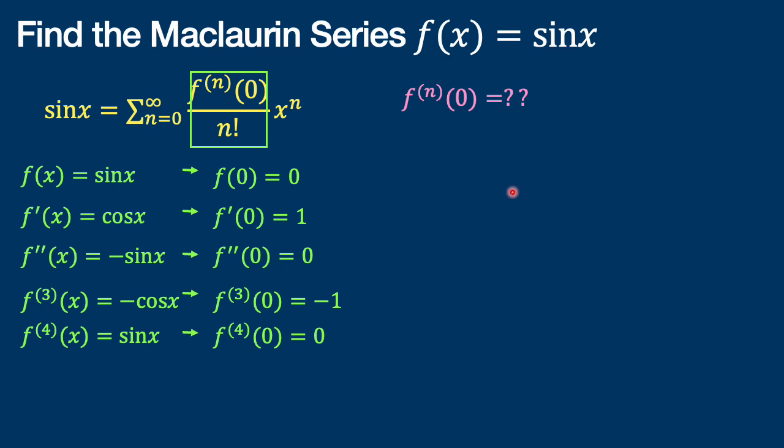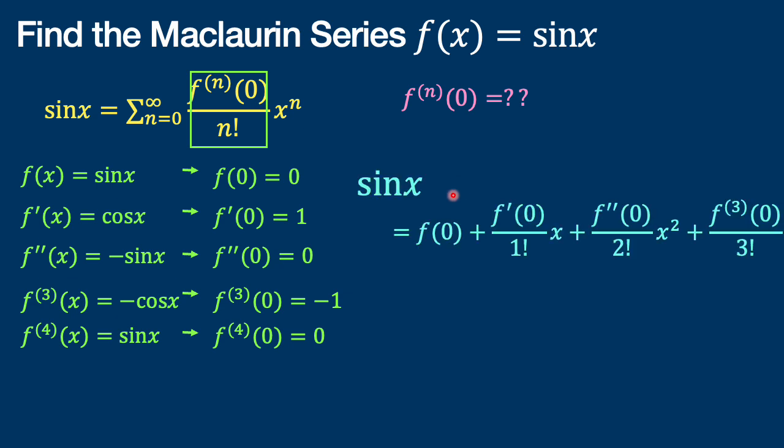Let's write the Maclaurin series for sin. Sin x is going to be f of 0, plus first derivative at 0 over 1 factorial, plus second derivative at 0 over 2 factorial, and keep going. So plug in the values. f of 0 is 0, f prime of 0 is 1, the second derivative at 0 is 0, the third derivative at 0 is negative 1, the fourth derivative at 0 is 0.